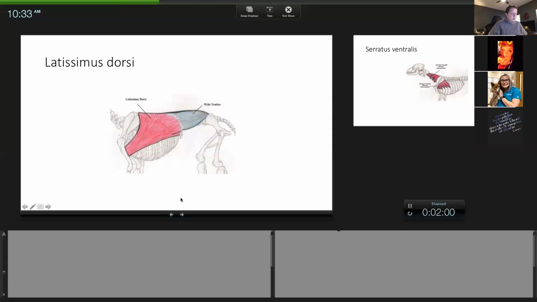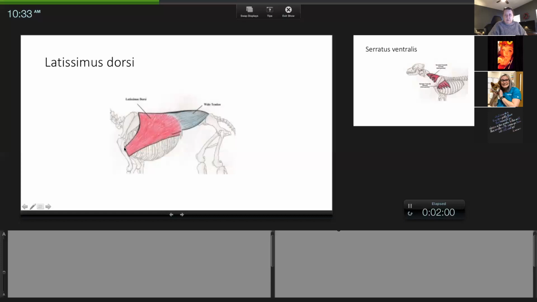Now, latissimus dorsi, this is an interesting one. These are the thoracic vertebrae under here, which you cannot see. Some of it may extend a little back, but the majority of the origin is at the thoracic vertebrae. These are going to insert at the tuberosity of the humerus.